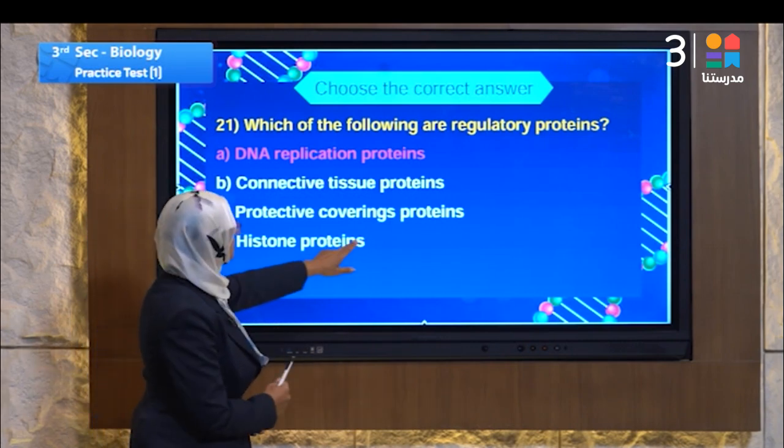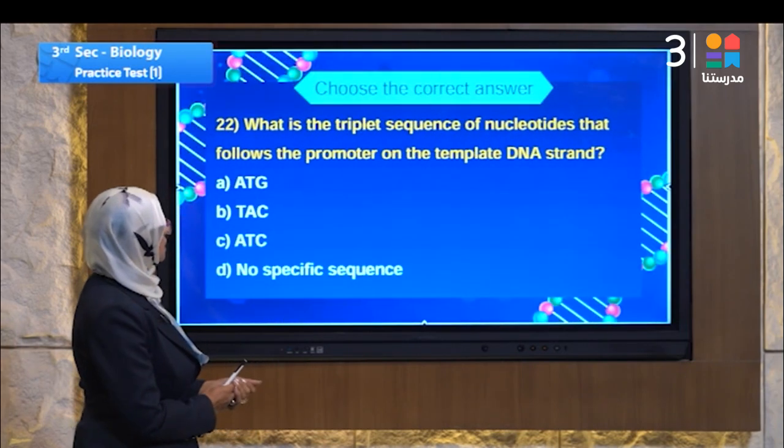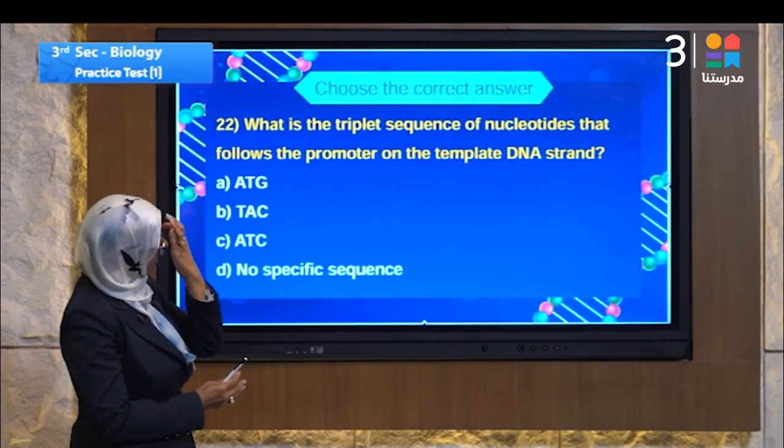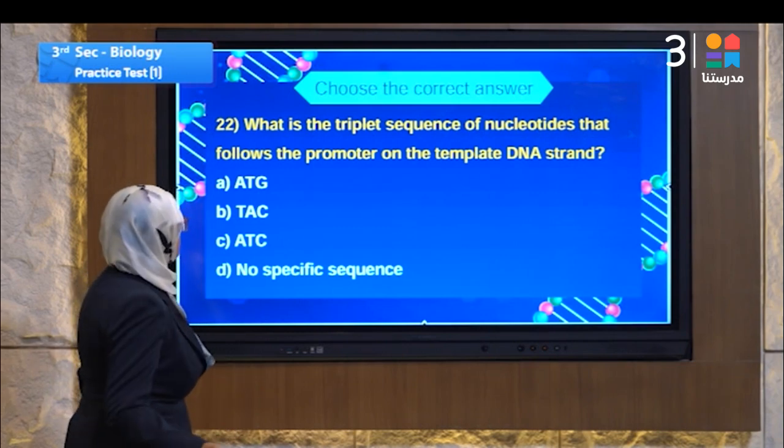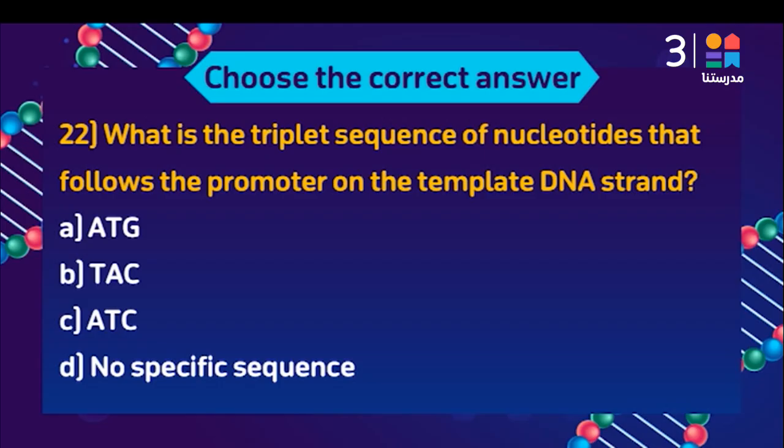Let's go to 22. Question 22 speaks about the sequence of nucleotides. Let's read the question. What is the triple sequence of nucleotides that follows the promoter on the template DNA strand? Promoter means the start point on the DNA strand.